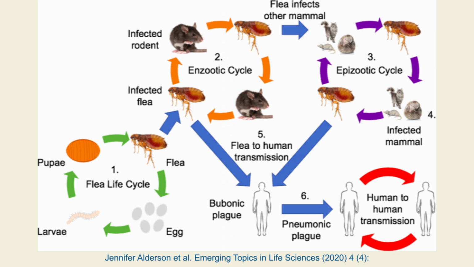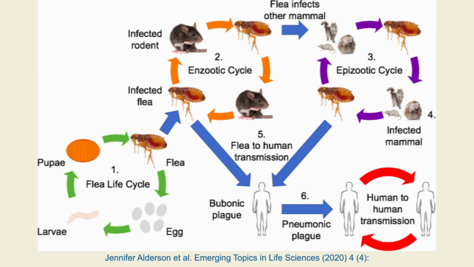Okay, here I have a diagram kind of showing what I talked about with the life cycle of Yersinia pestis. So as you can see, if an infected flea bites a rodent, it will infect the rodent, which will infect other fleas who bite that rodent, which then go on to infect new rodents, and so on.